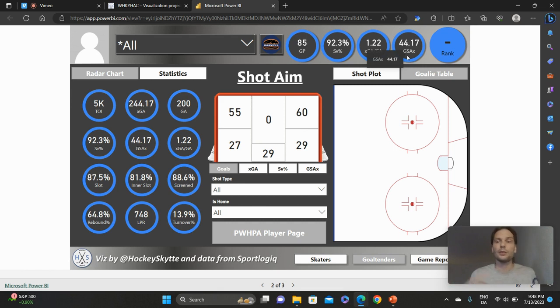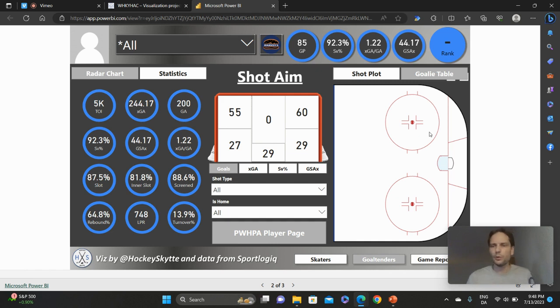But this is just something that you need to understand. So when you see a goaltender with a GSAX of 0, it doesn't mean that she's average. It actually means that she's well below average. So that's just an important context to be aware of.